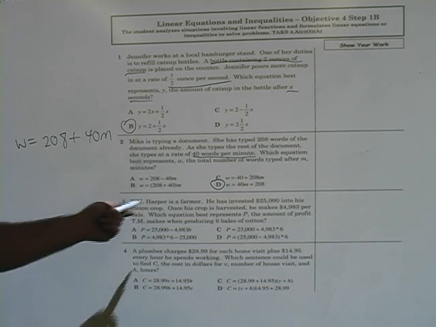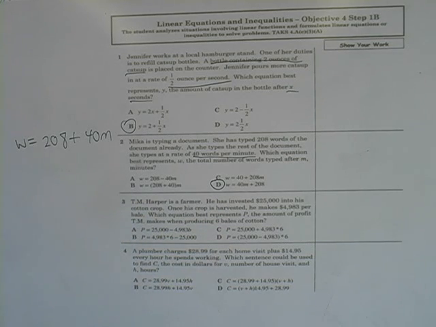It says, which equation best represents P, the amount of profit? What you have to realize here, you have to understand what profit is. Okay, profit is the amount of money that you make by selling whatever it is that you're selling. In this case, he's selling bales of cotton.